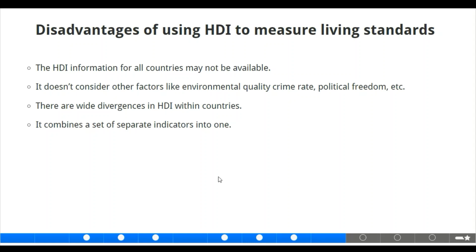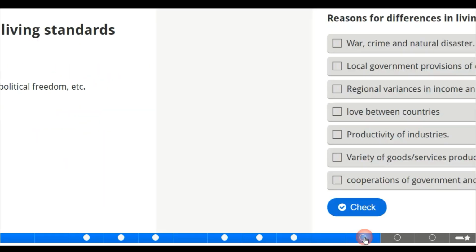There are wide divergences in HDI within what? Within countries, and it combines a set of separate indicators into one. That's true because countries with poor life expectancy can have a low HDI value. Now we move to the next slide.